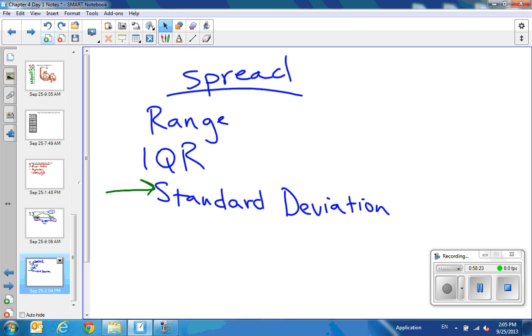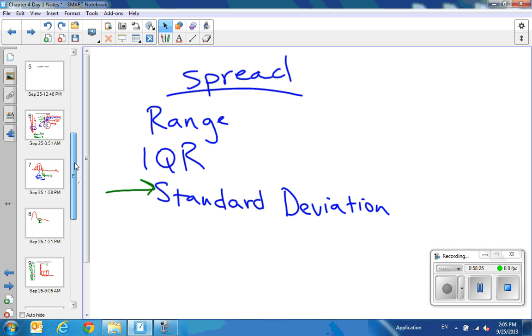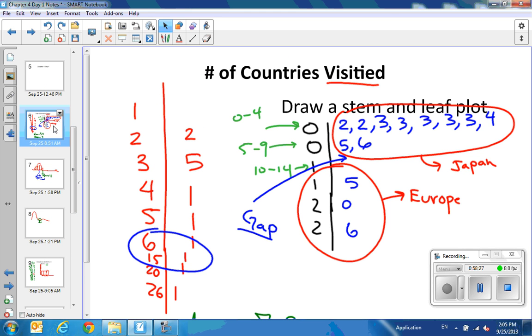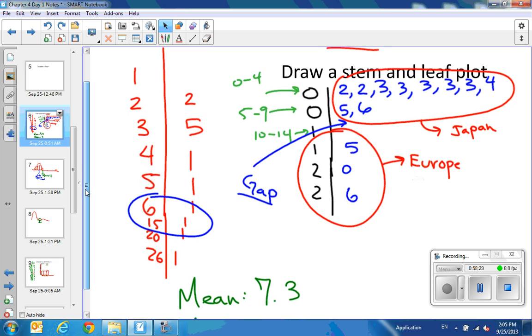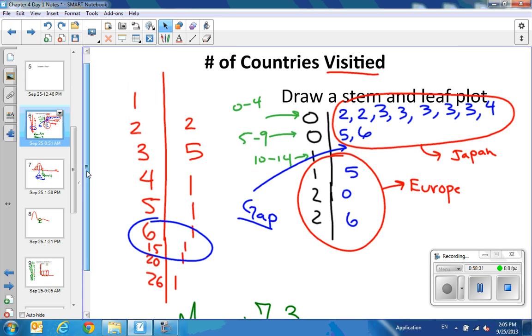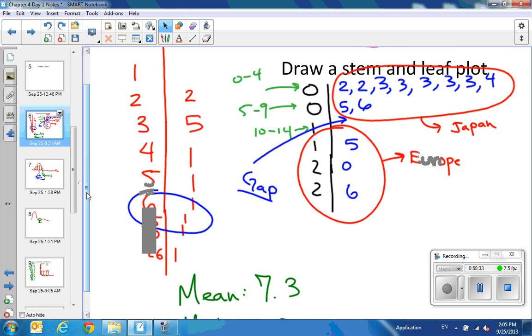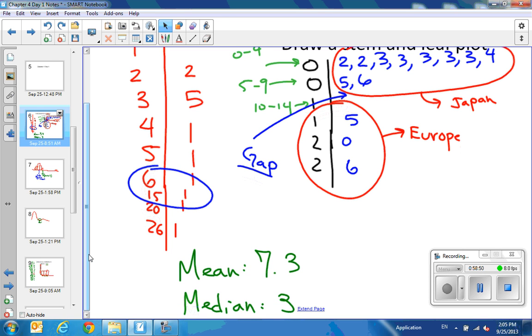Let's go back to this data set. It's a little smaller. I guess it's the same size, huh? Okay, let's use this data set. Now, the question was asked about quartiles. Should we find them? These are in order, right? The median was 3.